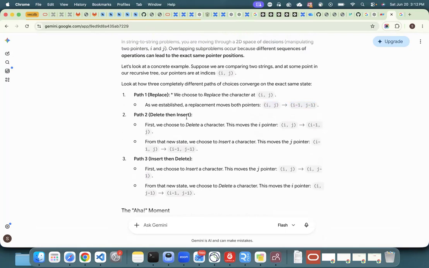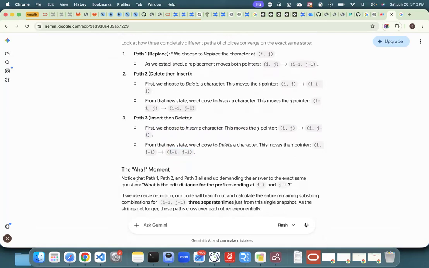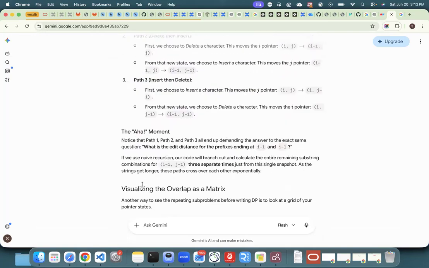But with delete, I'll solve i minus 1 and j. For solving i minus 1, j, with replace, with insert, I'll get i minus 1, j minus 1, which is a repeating problem. Similarly, for insert and delete it will give me i minus 1 and j minus 1. Yes, this is the moment which states that it is DP.